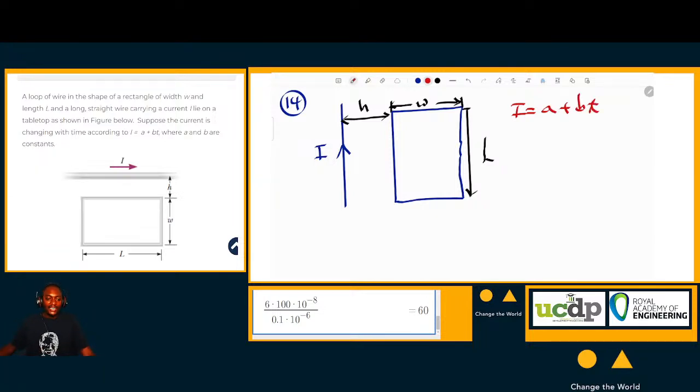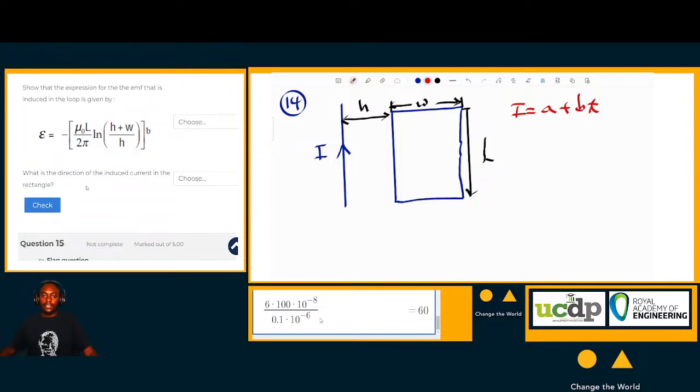If the current is changing, you know the magnetic flux around is also going to be changing, where A and B are constants. Now let's scroll down. The question says, show that the expression for the EMF that is induced in the loop is given by this. That's what we want to show.